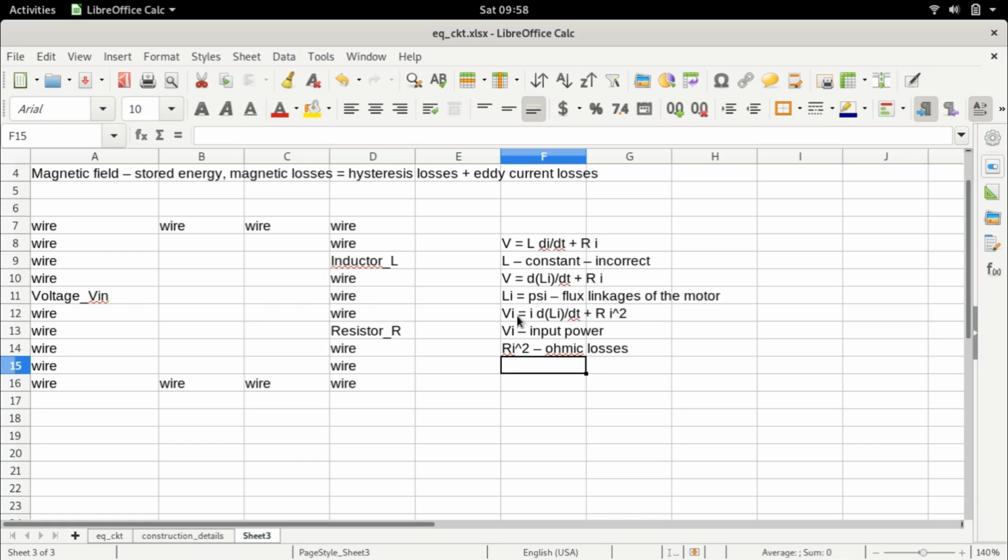So we now have an equation that relates input power, losses, and some unknown quantity here. This unknown quantity, let me write it here, is the unknown quantity.